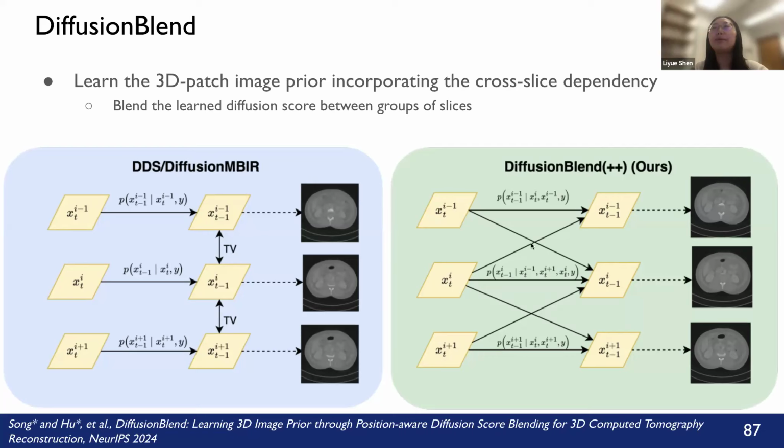As shown in the right figure, in the recent method we proposed, DiffusionBlend, we learn the score function of each slice at each diffusion time step based not only on the data from the last time point of the same slice, but also on the neighboring slices as well. This means we learn the cross-slice dependency during the training of the diffusion.